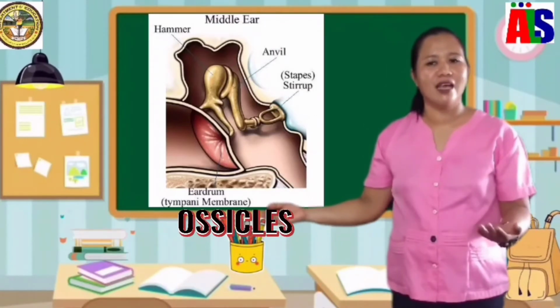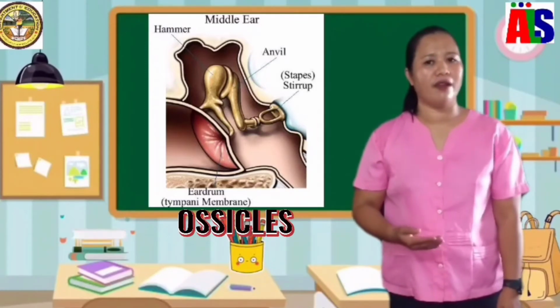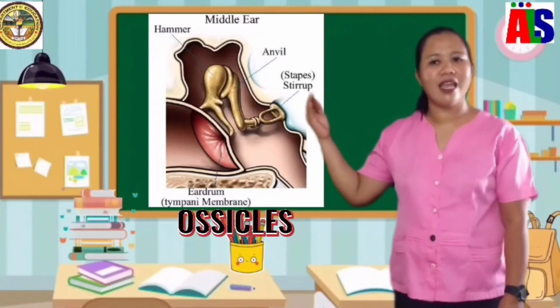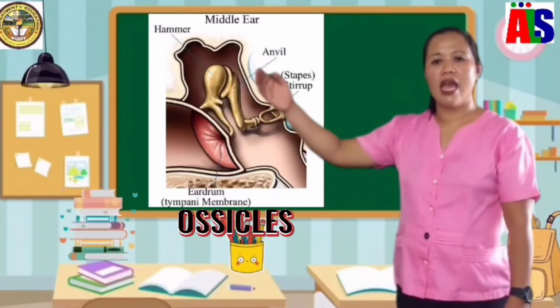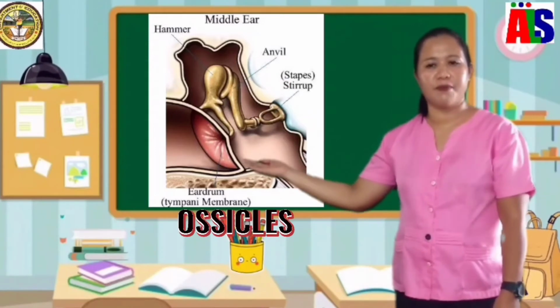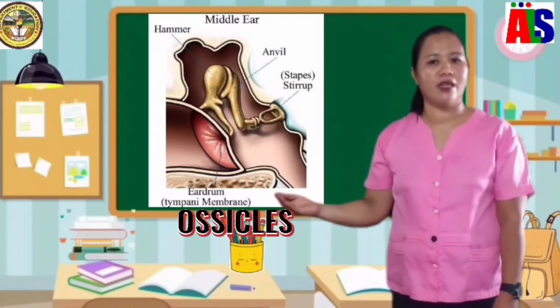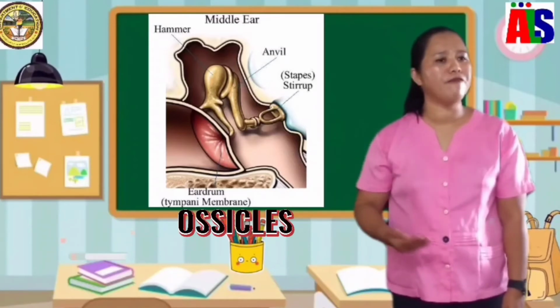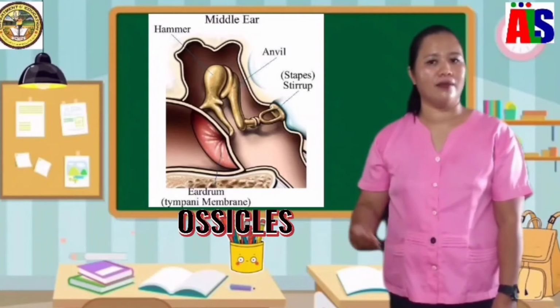The ossicles are a group of bones found inside the middle ear. There are 3 ossicles: the hammer, the anvil, and the stirrup. The ossicles are the smallest bones in the body that vibrate to amplify sound and allow better hearing.